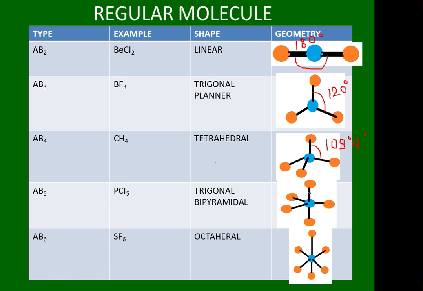So first of all, these two axial bonds, and the angle between these two axial bonds is 180 degrees. There is another one between the other bonds. These three bonds are lying in the plane and have an angle of 120 degrees here.